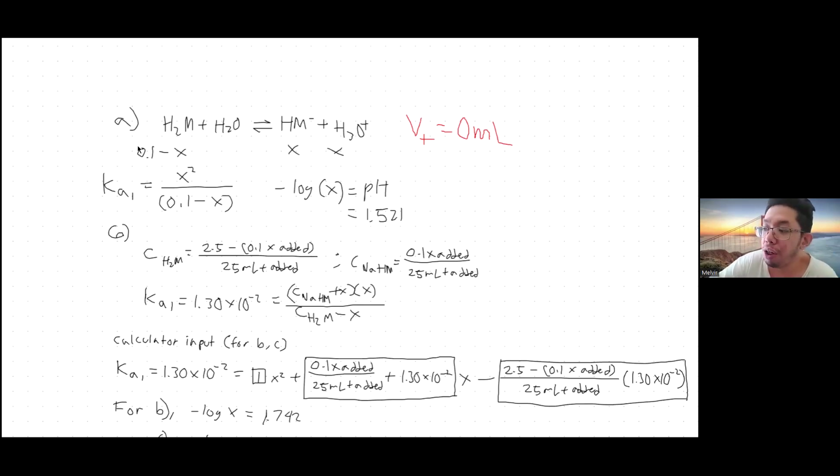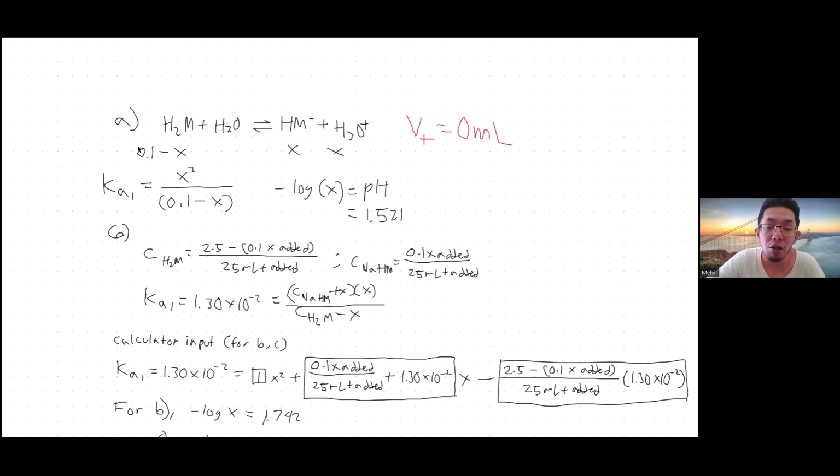So Ka1 is the dominating dissociation. You'll only have H2M plus H2O forming HM minus plus H3O plus, and the dissociation of HM minus is negligible, forming H3O plus and M2 minus.